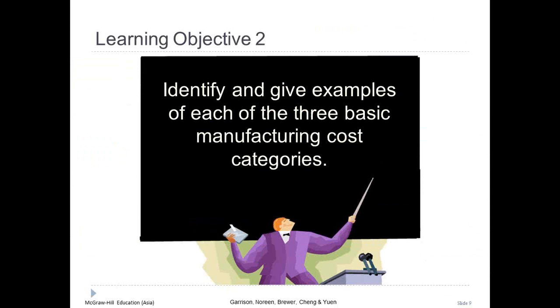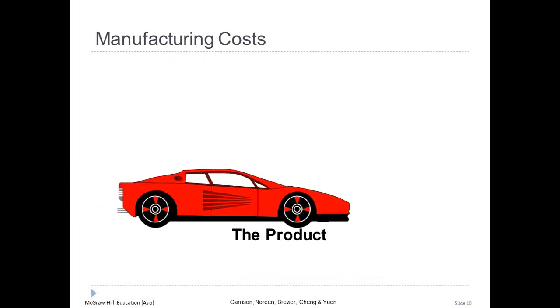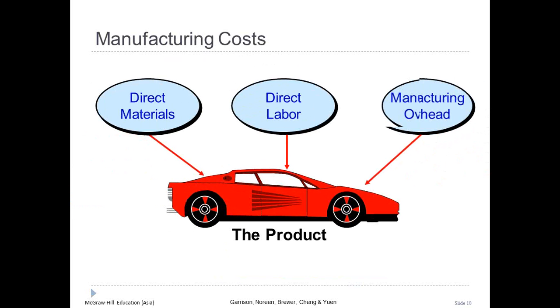Learning objective number 2 is to identify and give examples of each of the 3 basic manufacturing cost categories. Manufacturing costs are usually grouped into 3 main categories: direct materials, direct labor, and manufacturing overhead.